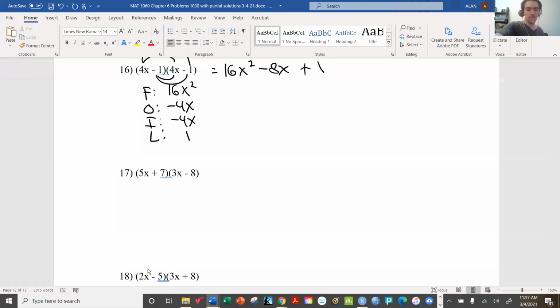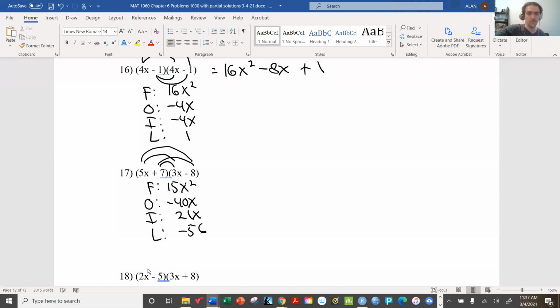All right, let's try this one. So first would be 15x squared, minus 40x, 21x, minus 56. All right, so we've got 15x squared. These become minus 19x and then minus 56.